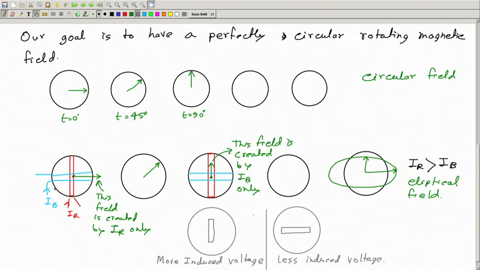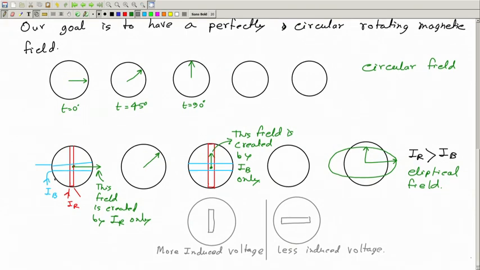So voltage is caused by IR mainly only, and here voltage is generated or induced by IB only, and IB is weaker, so we will have less induced voltage than this position. Here we will have less induced voltage, here we will have more induced voltage.